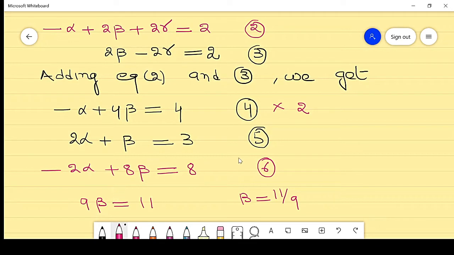Similarly, from equation number 5 or equation number 4, we can find the value of alpha from alpha and gamma.